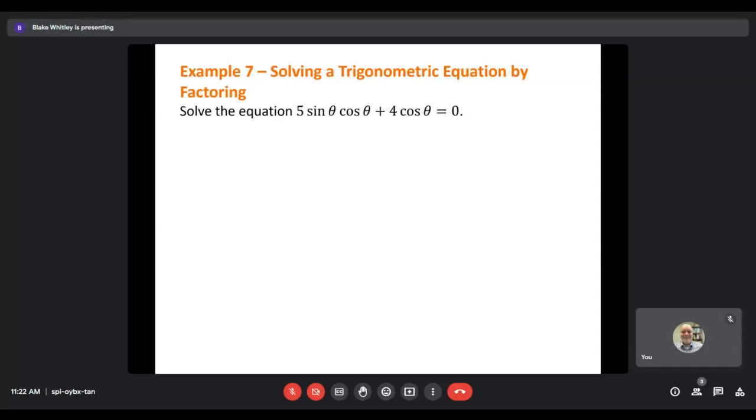I notice here that both of my terms have a cosine in common. So there's a common factor this time. That means I can factor out the common factor. So I'm going to take out a cosine theta. If I do that, what's left in that first term is going to be 5 sine theta, plus, and if I take out a cosine theta from 4 cosine theta, now I'm just left with 4.